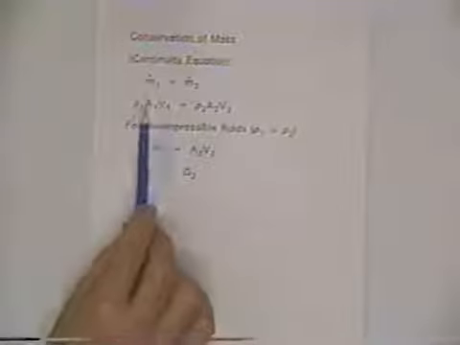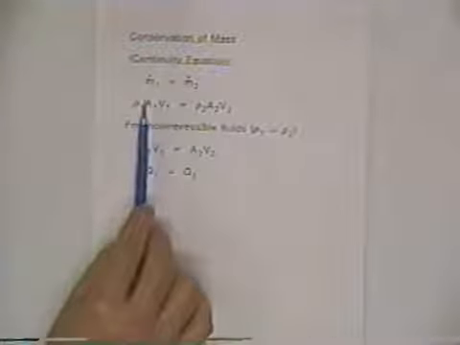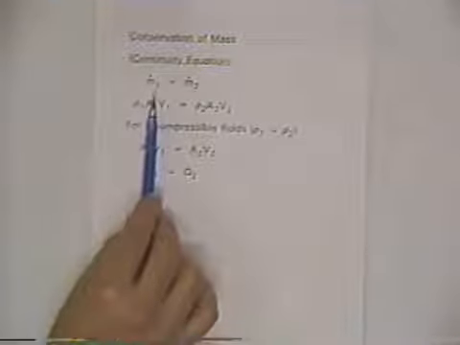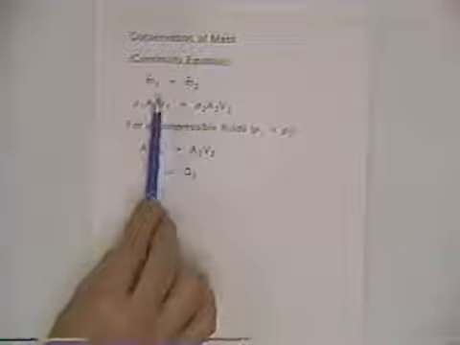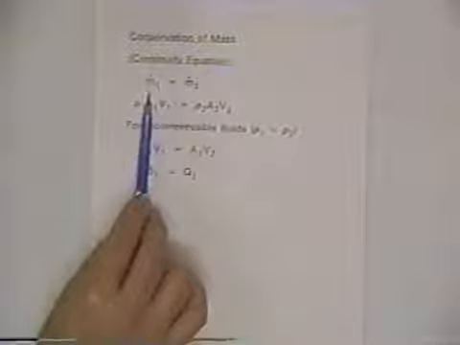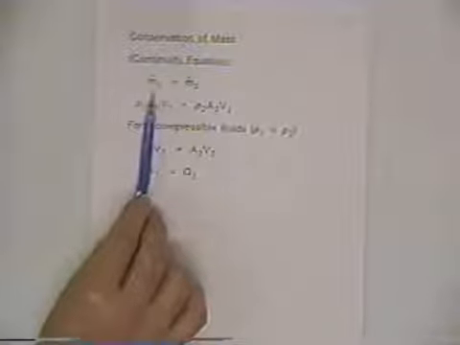And so, the basic conservation of mass, and we're just saying that if we have a control volume, we've got flows coming in and leaving at two sections, the mass flux, the mass per time at one section is equal to the mass per time at another section.